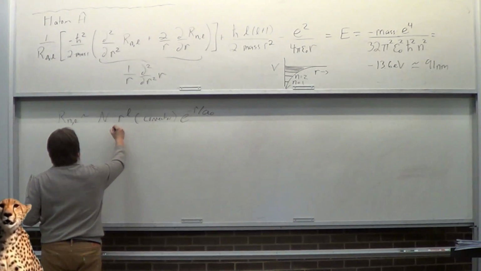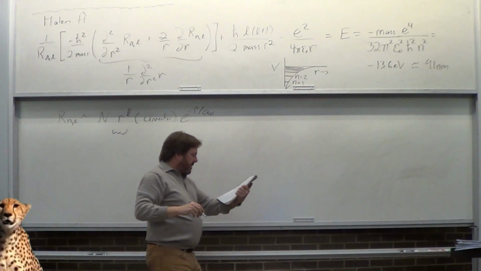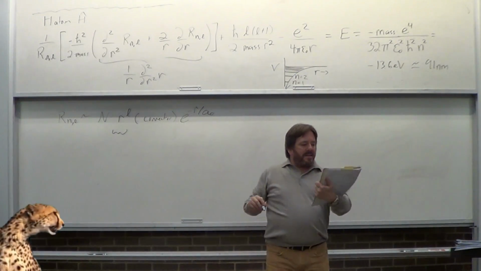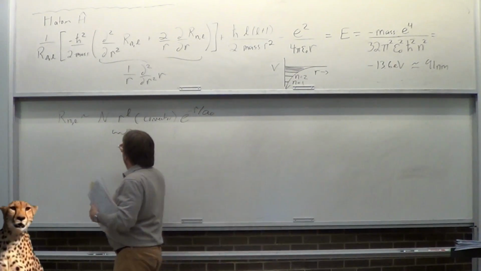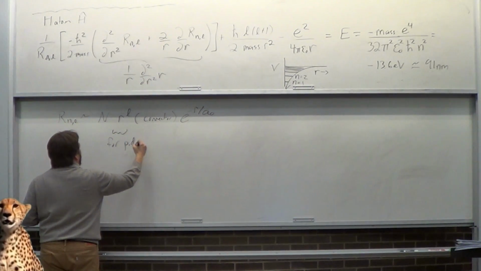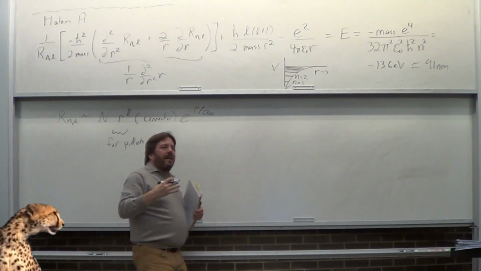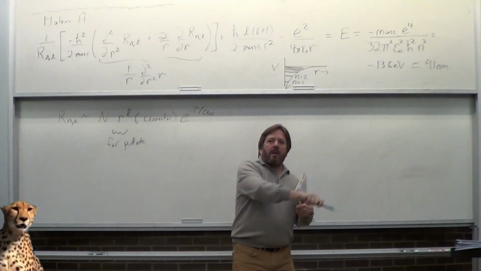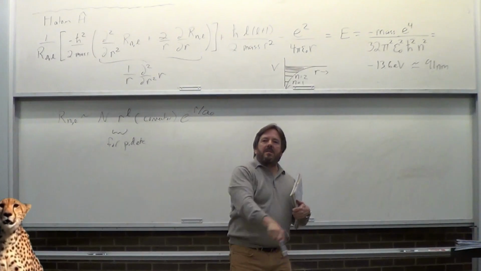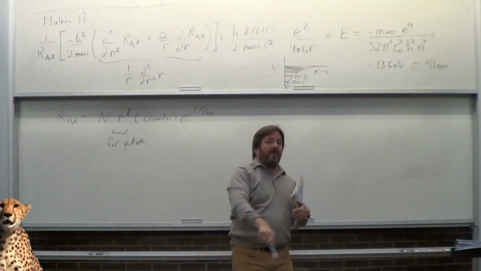Okay, now this guy is important. It's all about the angular part. It only shows up when you have P and D functions. What it does is it prevents the electron from doing this, right? So the electron is spinning. Now, it only spins if I have P's and D's, and F's.